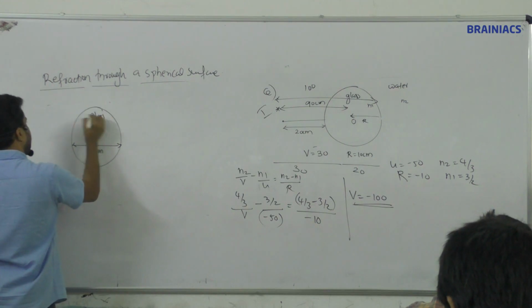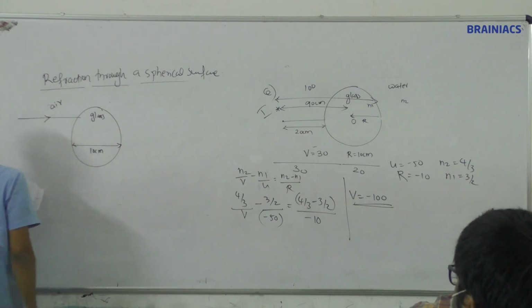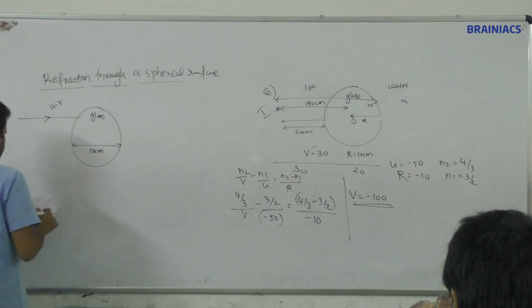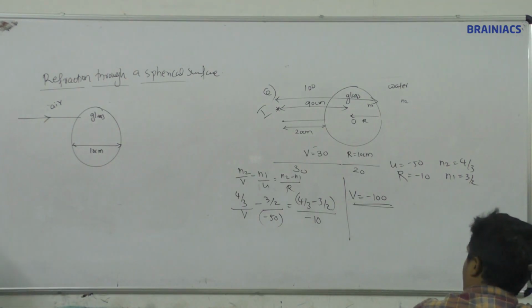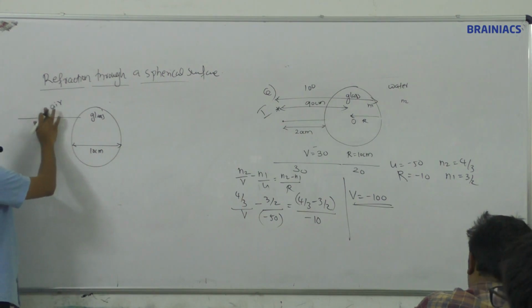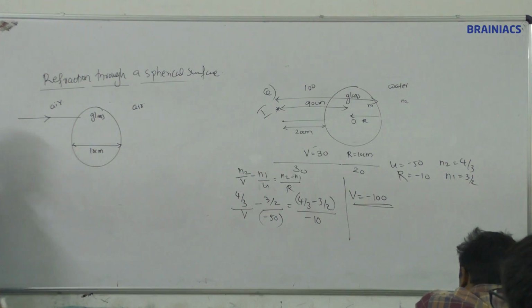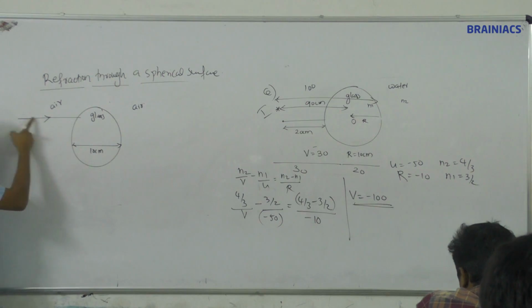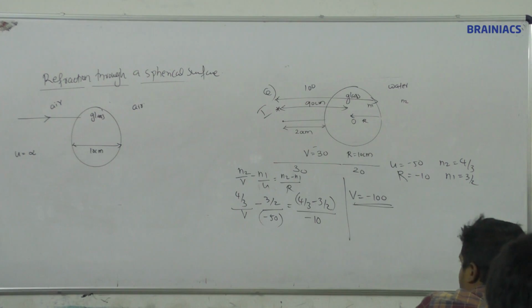This is a glass medium and this is an air medium: air medium, glass medium, air medium. But what is the only difference you have to take care of? Here the diameter is 10 centimeter. The only difference is the object is not given, so the object is at infinity.